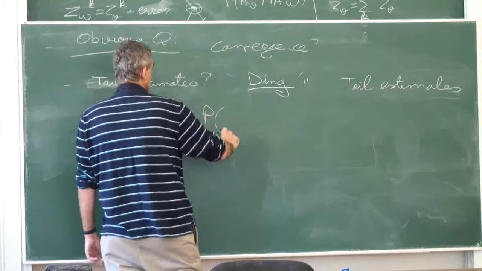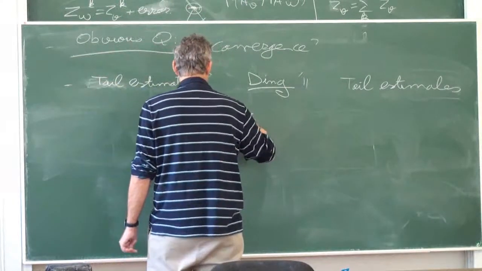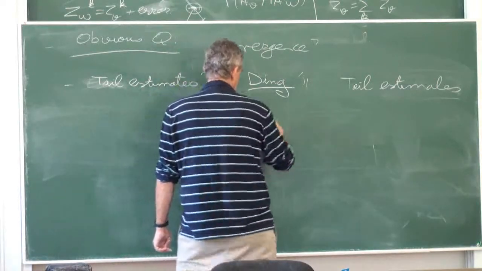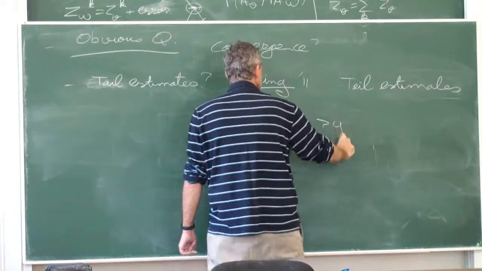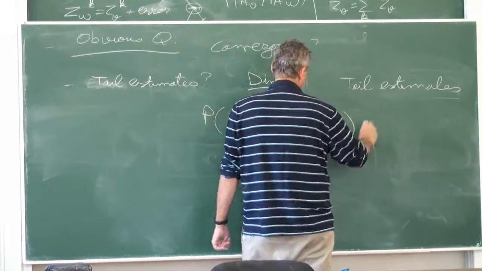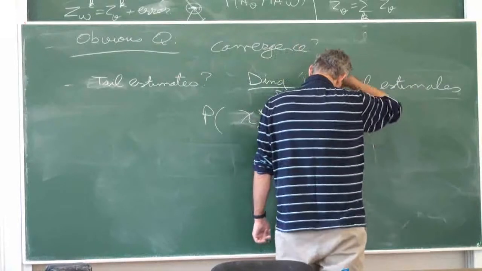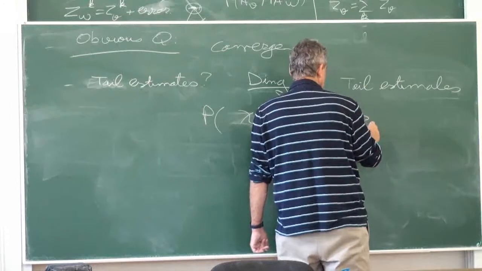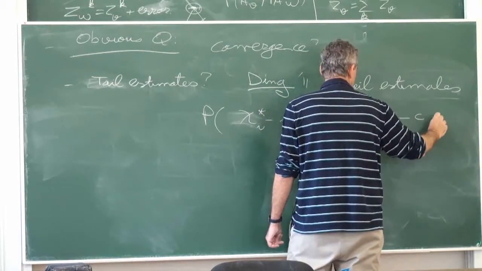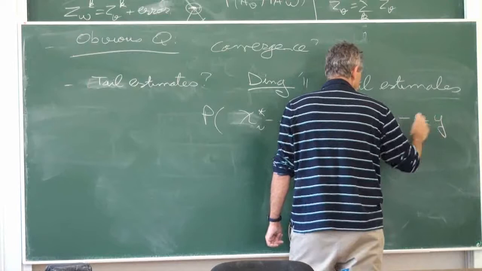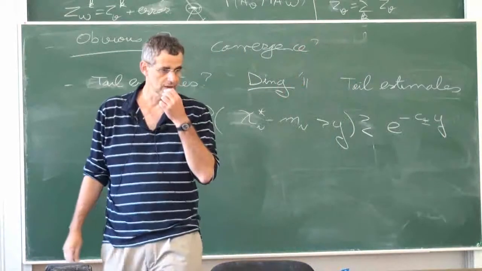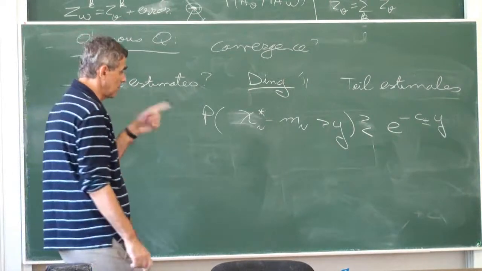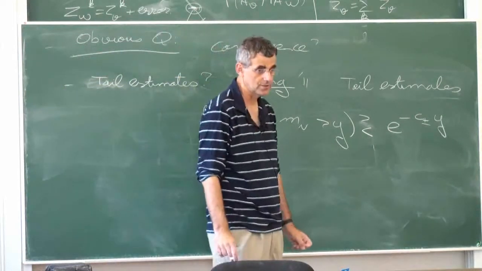So the probability that X_n star minus m_n is greater than y is greater or equal to something like that, not with the same constant. So the upper bound and the lower bound are not with the same constant.